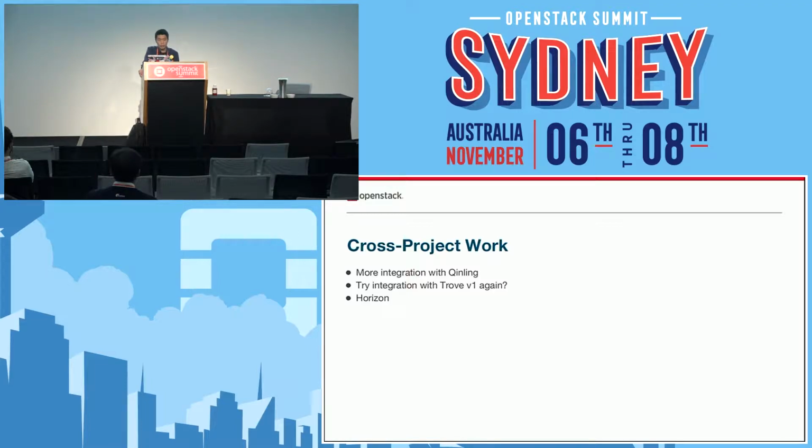So for the cross project work, the first thing I would like to do in Queens, probably for the next release as well, is I would like to see more integration with Qinling. Actually, Qinling is serverless, function as a service.